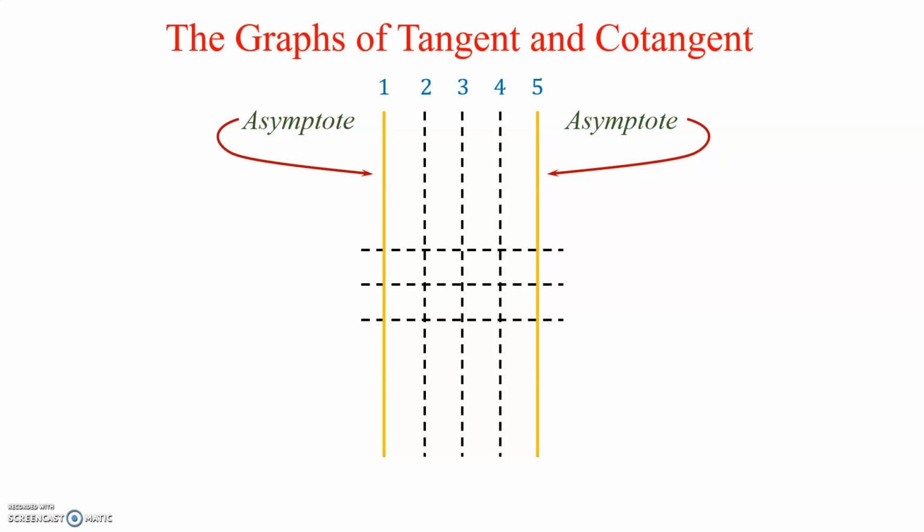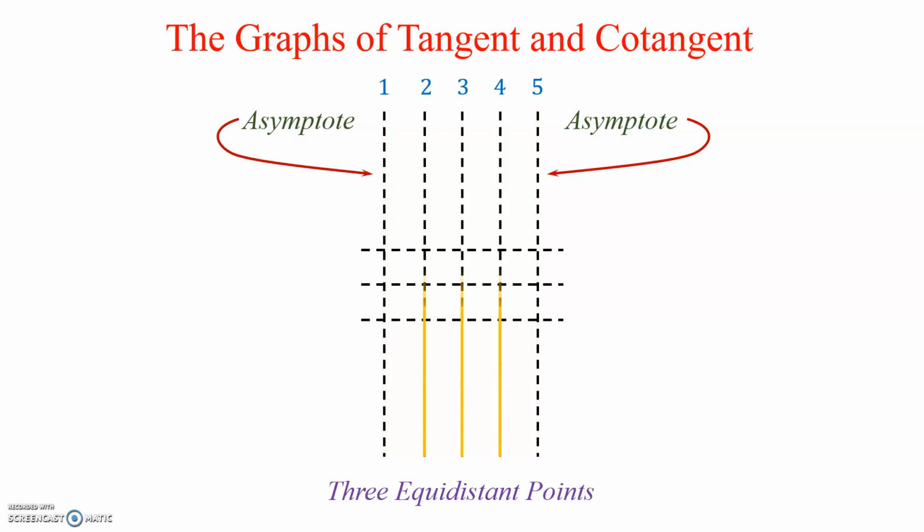The vertical lines 1 and 5, those will be where we locate our 2 vertical asymptotes, and the 3 equidistant points will be located on lines 2, 3, and 4. The midline will be located right in the middle horizontally, and then we would have typically gone up to find the maximum, but we're using this line.